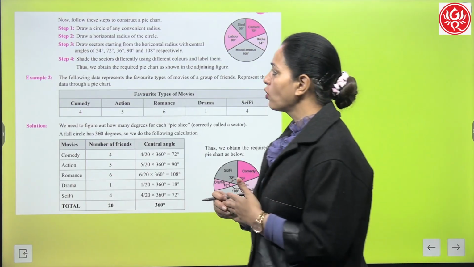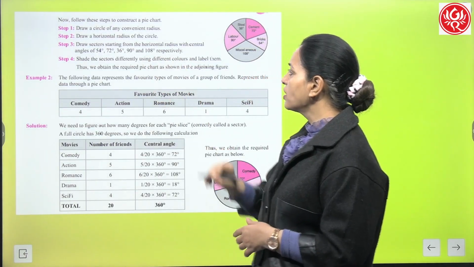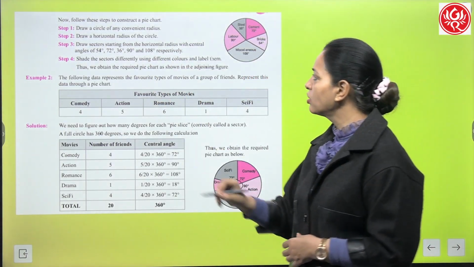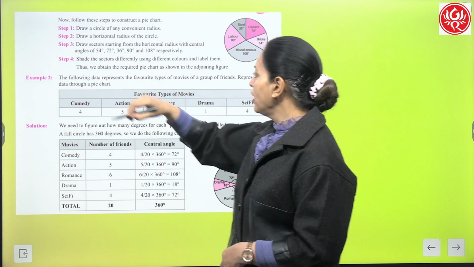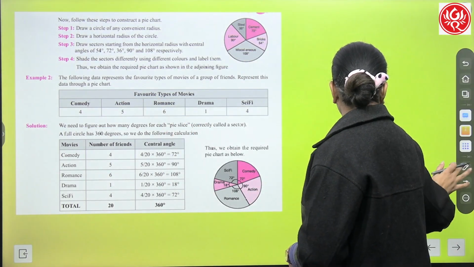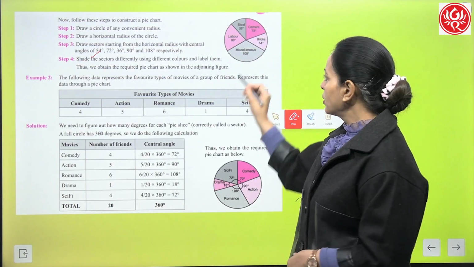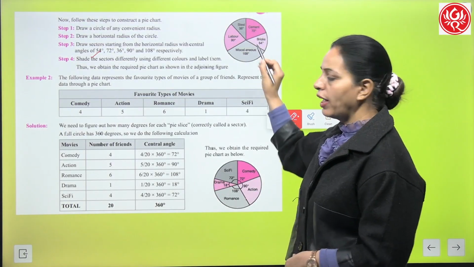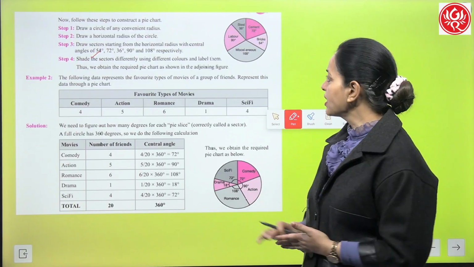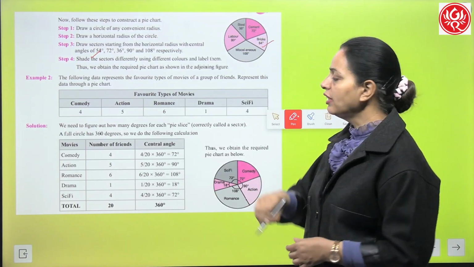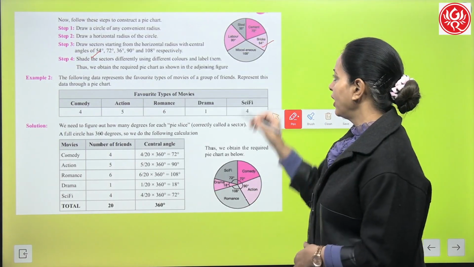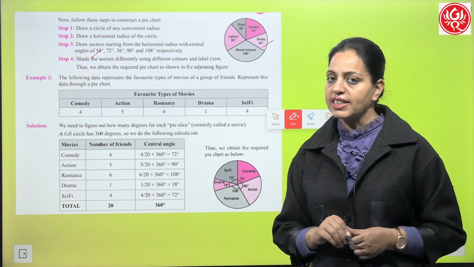Now step 3, draw sectors starting from the horizontal radius with central angles of 54 degrees. So first of all we will take a 54 degree angle, right. Suppose we take this radius, now with the help of a protractor we can draw an angle of 54 degrees. So this becomes a sector.